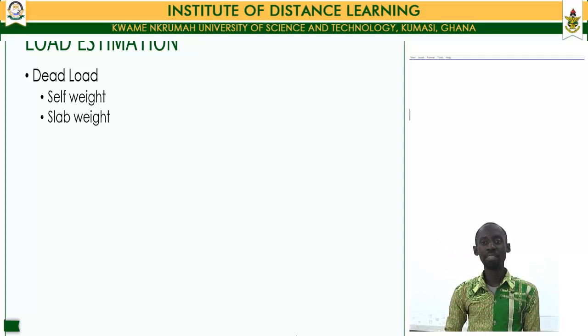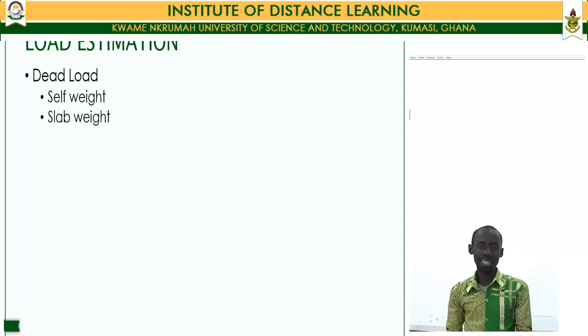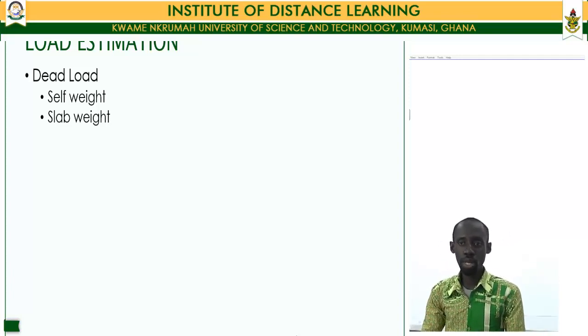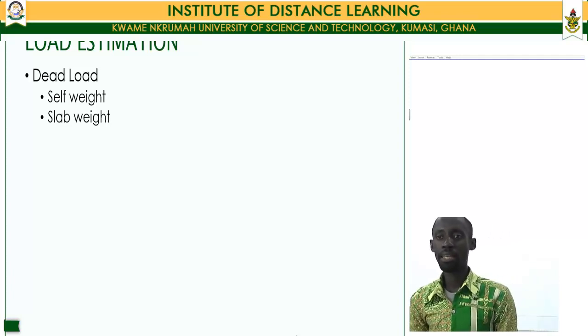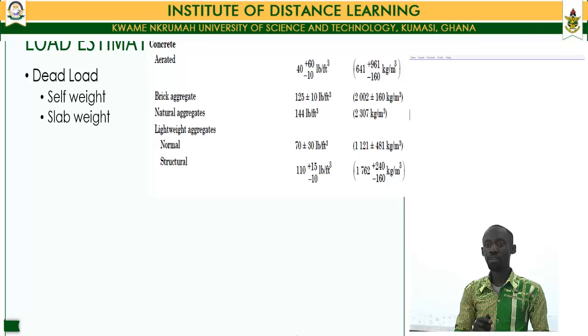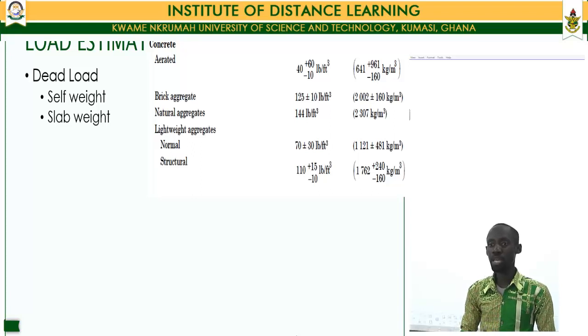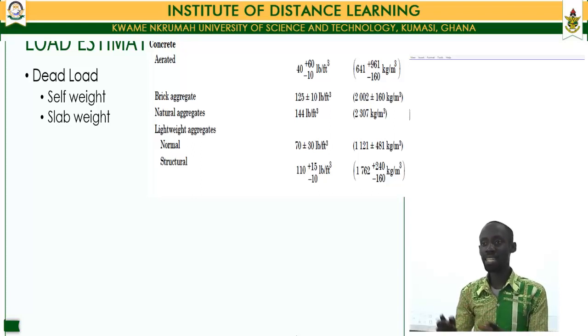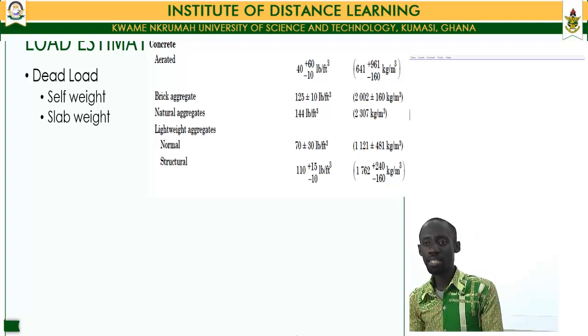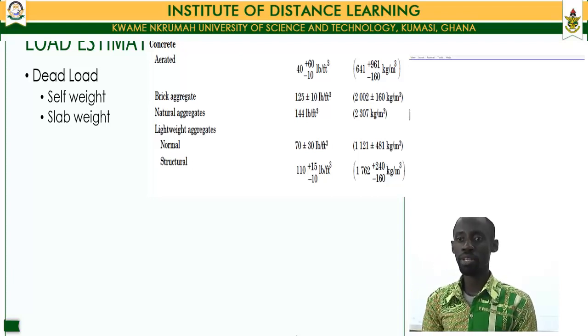So after finding the weight of the beam, we go back to our slab design, and whatever load or weight was being carried by the slab will then be superimposed on the beam that we are designing. Now, in order to find our self-weight for our beam, we again make reference to the BS648, the section that gives us the densities for the various building materials, and particularly the densities for reinforced concrete.